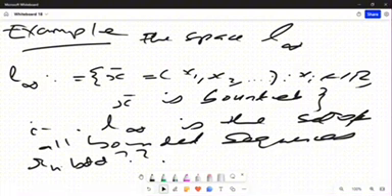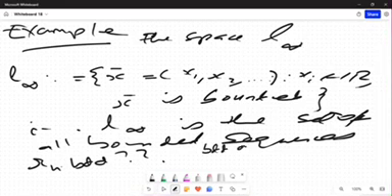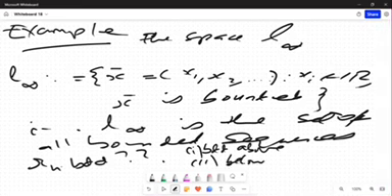A bounded sequence is one that is bounded above and below. What do you mean by bounded above? What do you mean by bounded below? Bounded above, that's one. Two, bounded below. What's the meaning of that?